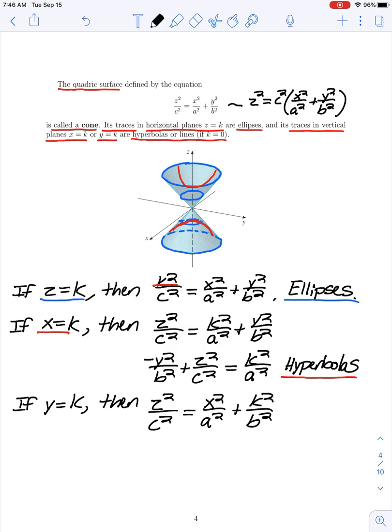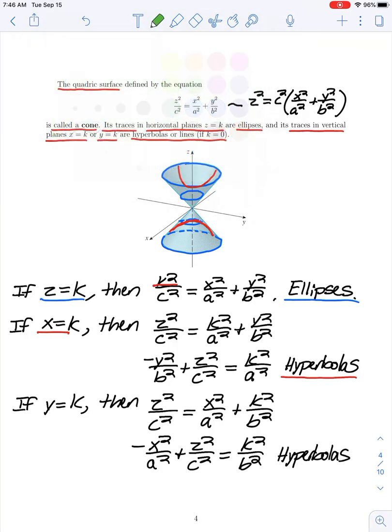Or again, moving everything involving a variable to one side of the equation, we would have negative x squared over a squared plus z squared over c squared is equal to k squared over b squared. So again, this would define a hyperbola. For different values of k, I would have different hyperbolas. So if we're considering traces that are parallel to the YZ plane or the XZ plane, we would have hyperbolas that would look something like this.